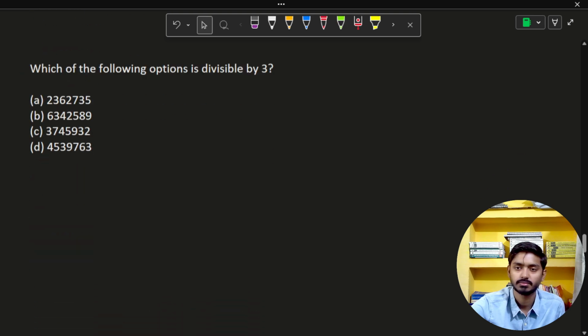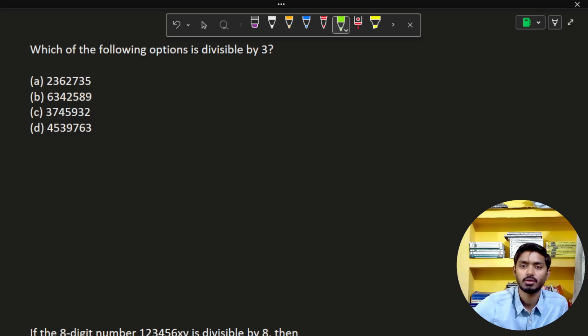Next question. Which one of the following options is divisible by 3? What we'll do is start cancelling out. 3 gets cancelled, 6 gets cancelled, 9 gets cancelled, but 5 and 3 give 8, which does not get cancelled, so it is not divisible by 3.